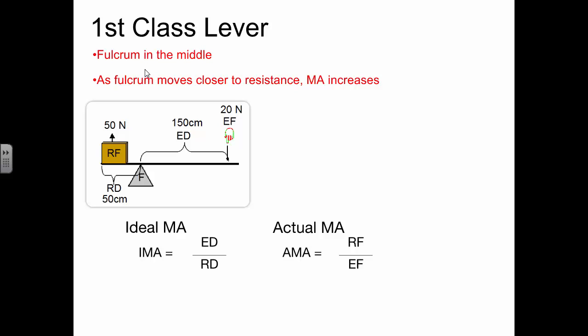Allow us to exert much less force, depending on how we set it up, to lift an object. So here I have, this would be an example of a first class lever. And so to lift this object using this first class lever, how much force am I going to have to apply here?